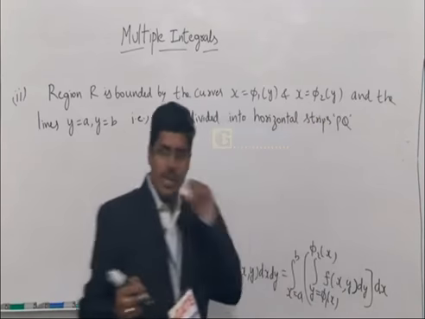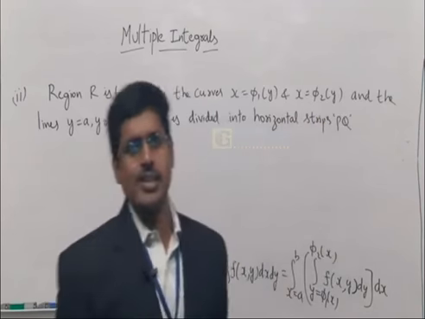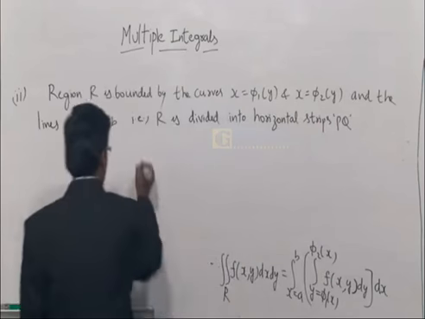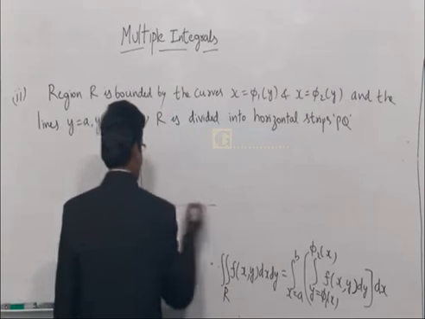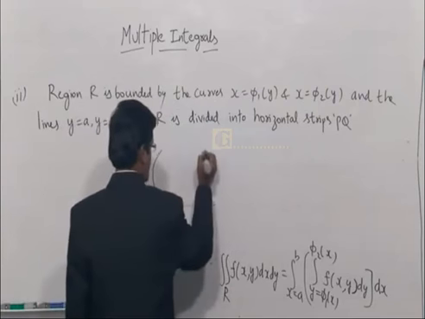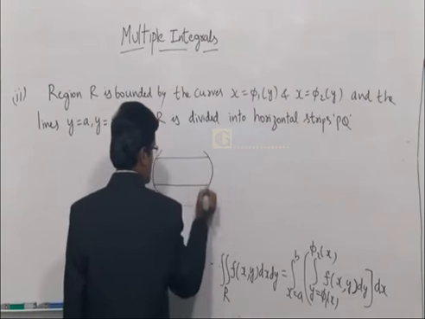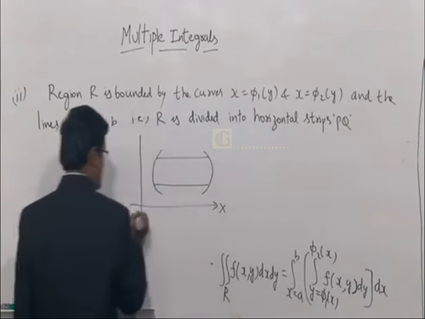Earlier it was vertical strip PQ because the y limits were functions of x. Whenever the x limits are functions of y, then you divide the region into horizontal strips. Here, a curve like this, another curve like this, and the y limits are constant, which means they are parallel to the x axis, horizontal lines.